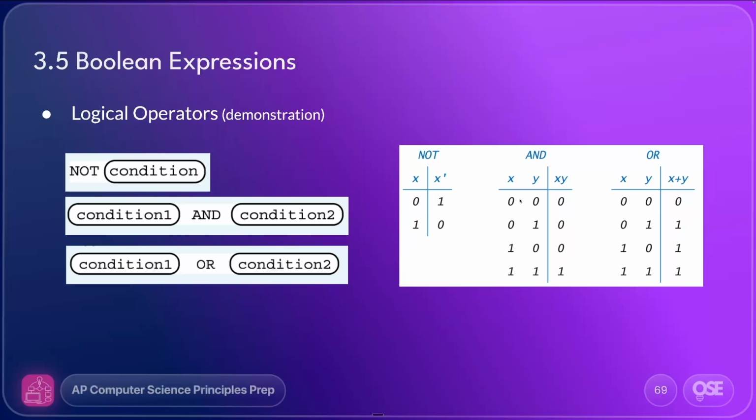So the only case where you have a true result with an AND operation is when both of the conditions are true. For an OR operator, you have true in all cases except when both of them are false. So it's kind of the opposite between the two.